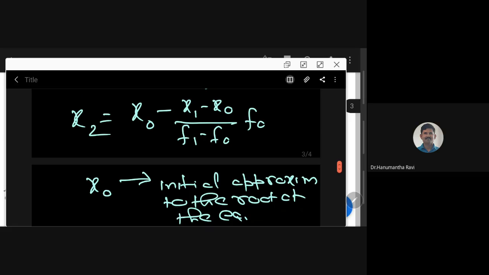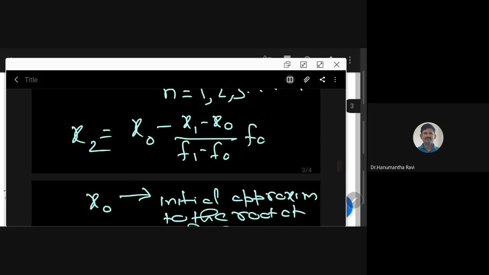Just as in the bisection method, simply choose two numbers x0 and x1 such that x0 is less than x1 and f of x0 into f of x1 is less than 0. Then you are not saying that the next root is x0 plus x1 by 2 as in the bisection method. We are saying that the next root is x2, which is given by this formula.